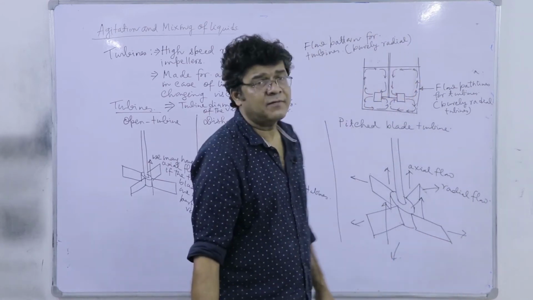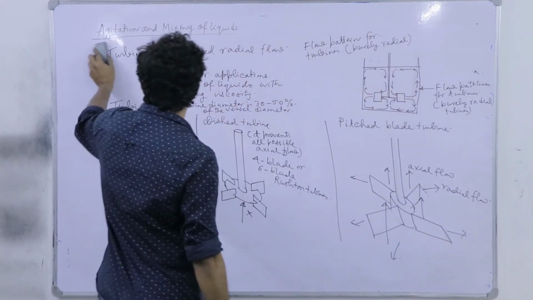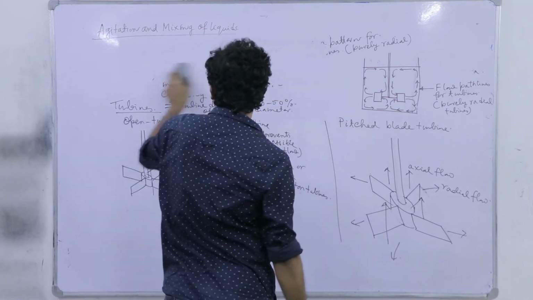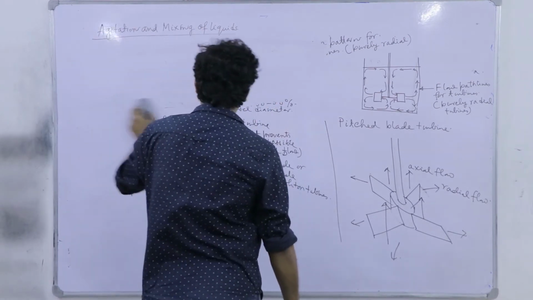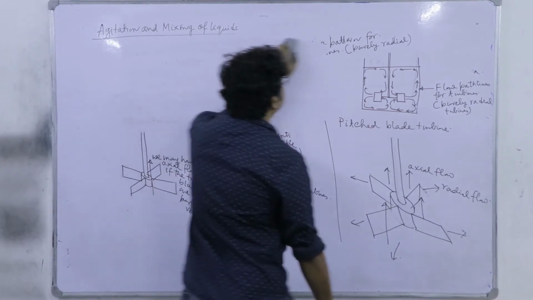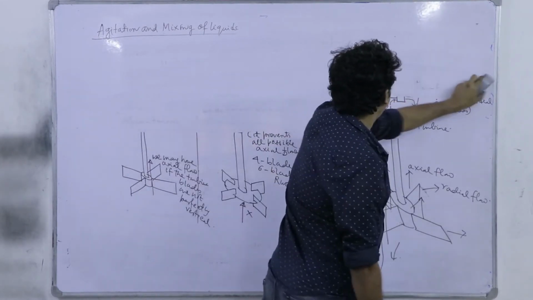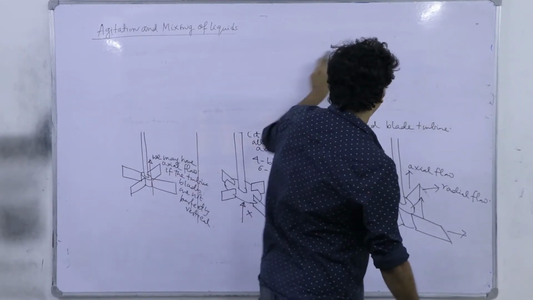So these are called baffles. Why are we using these baffles? That is to be justified. So, you see what the flow pattern is.